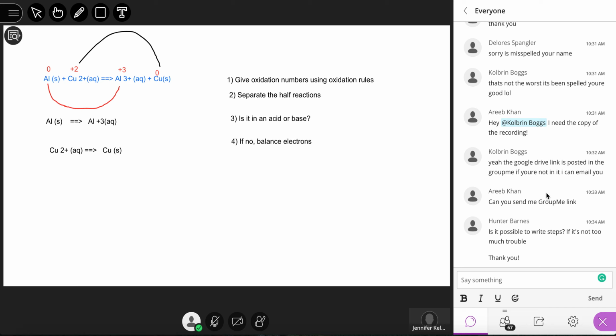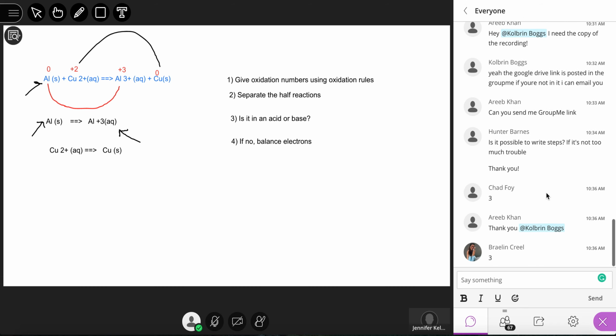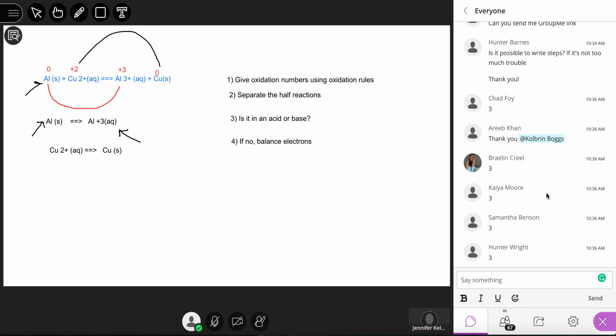So to balance the electrons, we want both sides to have the same overall charge. If you look at this side right here, it's neutral, but this side is +3. So we want to add electrons to the more positive side. So how many electrons would we have to add to make it neutral? 3 of them.